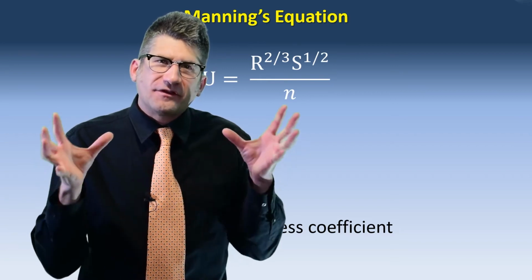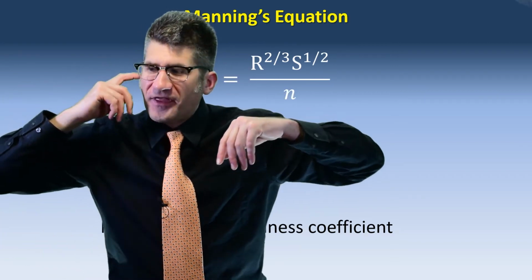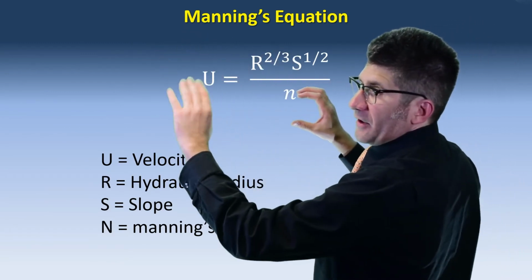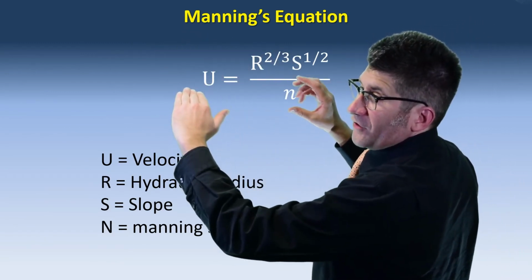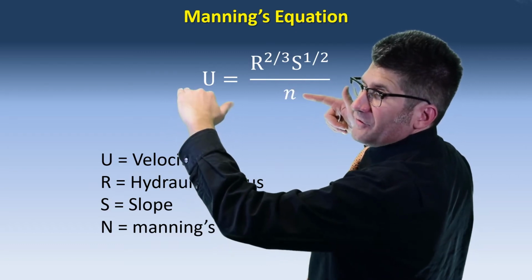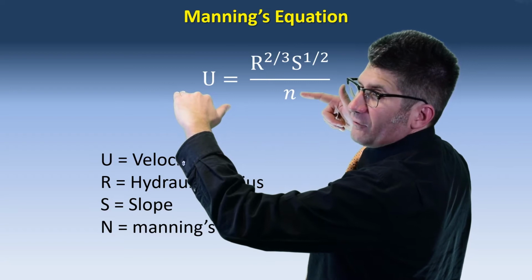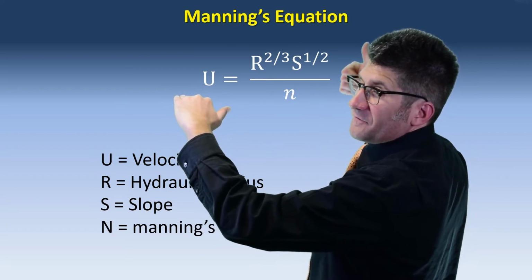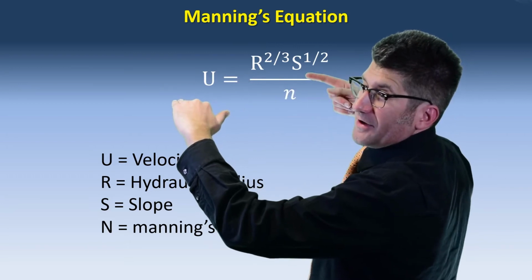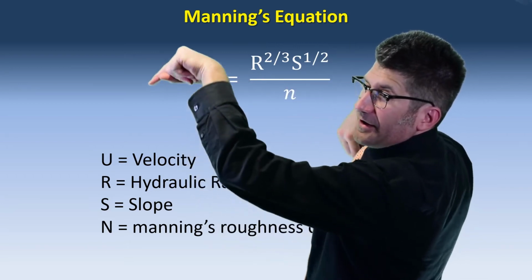What that means is how rough is the channel. So think about where this roughness term is relative to our velocity term. It's in the denominator on the other side of the equation. So if nothing else changes and our roughness goes up, what must happen to our velocity? Because it's in the denominator, our velocity must go down.